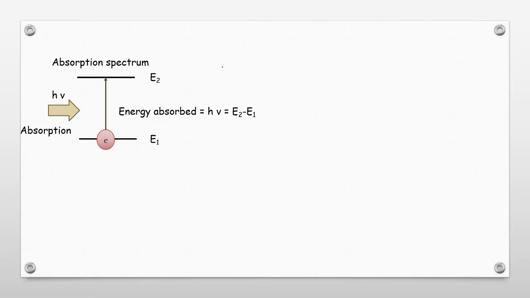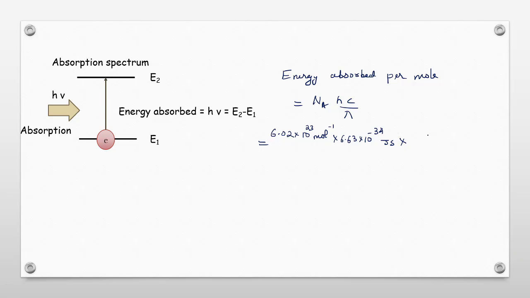So energy absorbed per mole, which is equal to Na hc by lambda, is equal to Na, 6.02 into 10 raised to 23 per mole, h, 6.63 into 10 raised to minus 34 joules second, into c, 3 into 10 raised to 8 meters per second, divided by lambda expressed in nanometers into 10 raised to minus 9 meters.